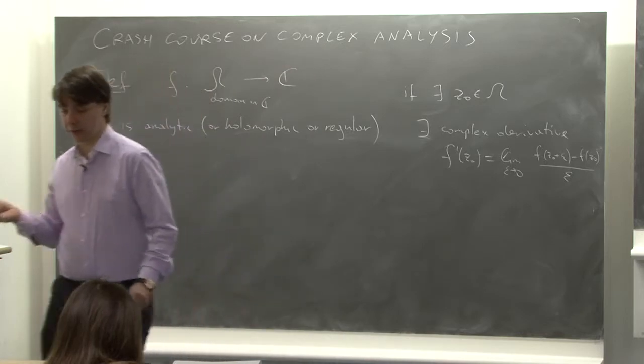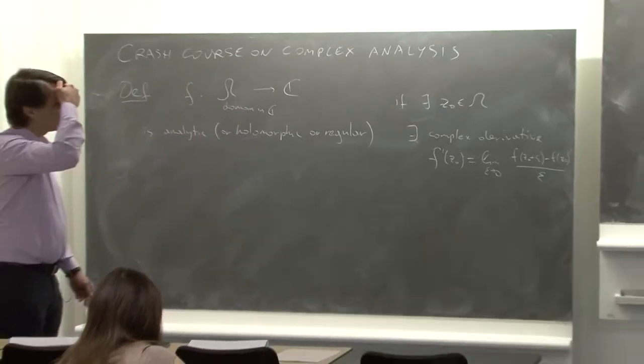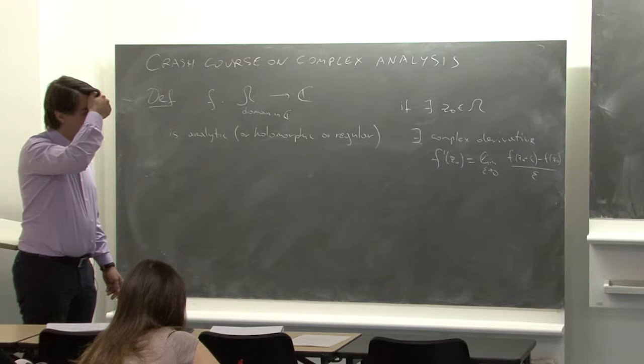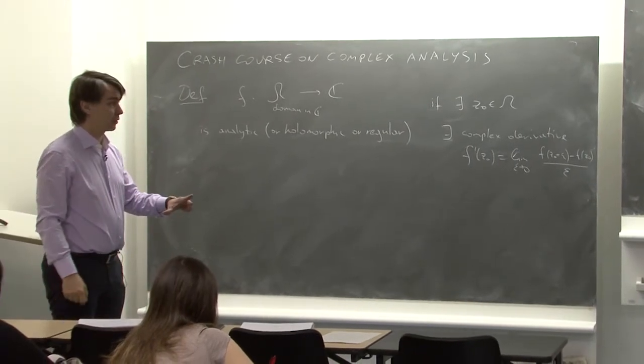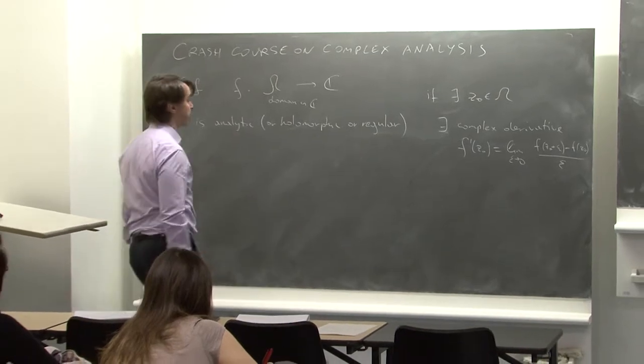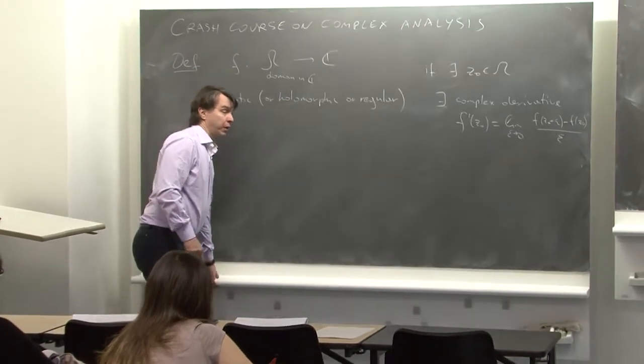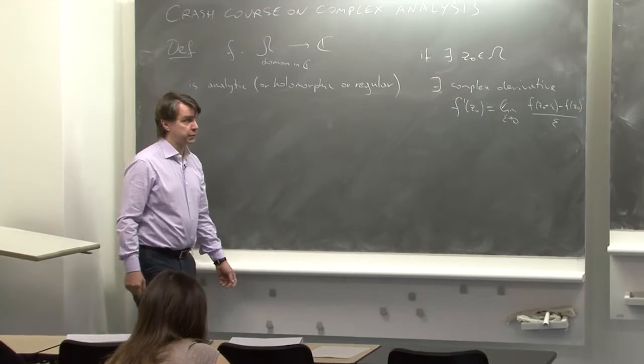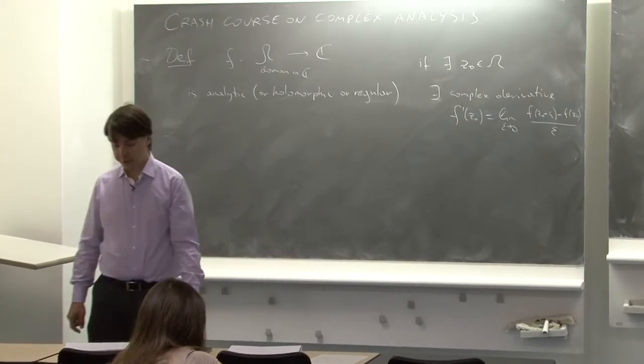Now this basically says that there exists a complex derivative. It's a much stronger property than saying that there are two real derivatives fx and fy, because it implies some relation between them. It's very special.